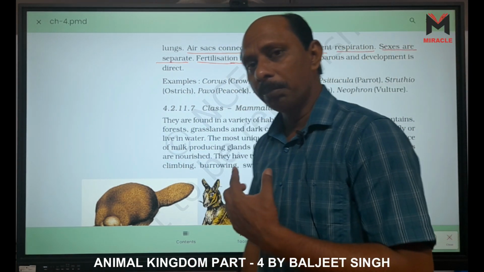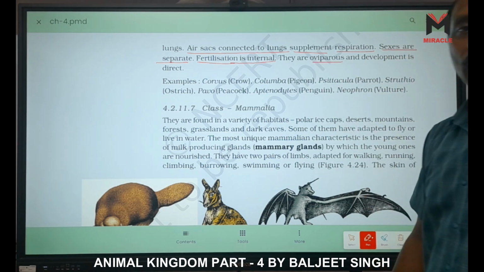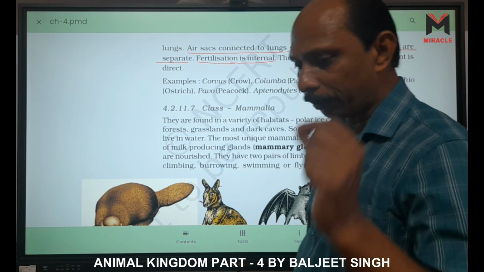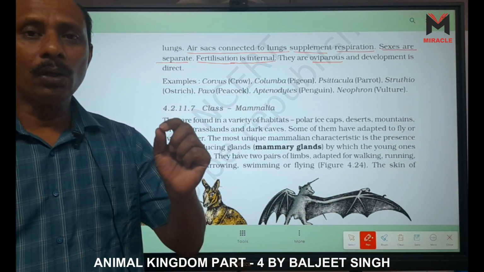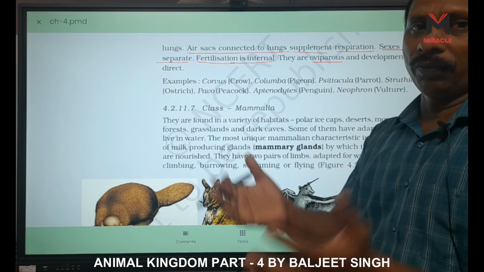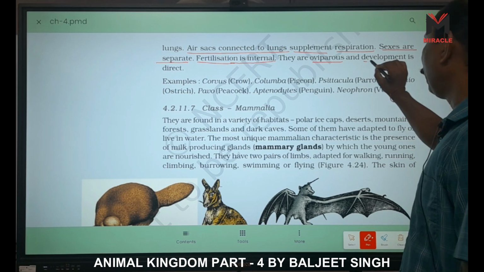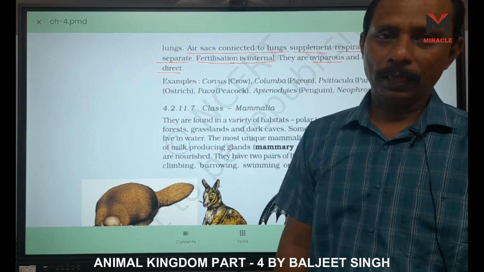They are oviparous, meaning they lay eggs. The eggs of reptiles and aves are called cleidoic eggs. Cleidoic means they have an extra covering made of calcium carbonate. And development is direct, with no larval stage.